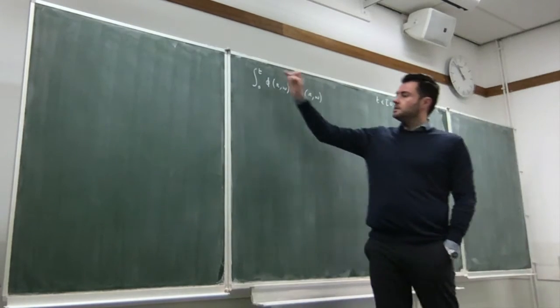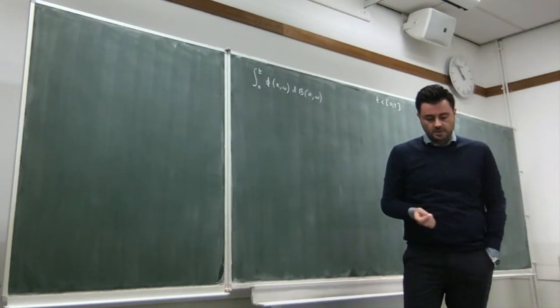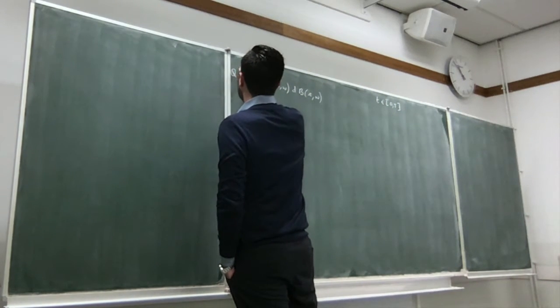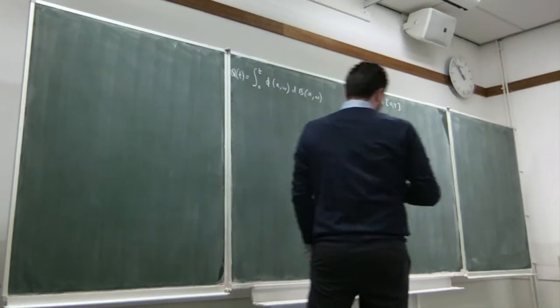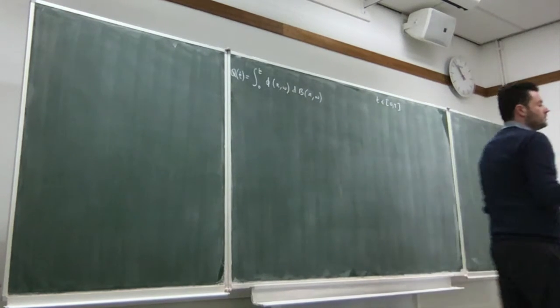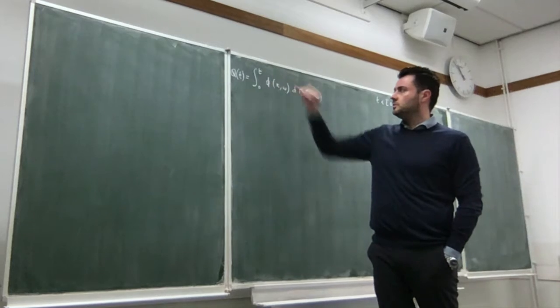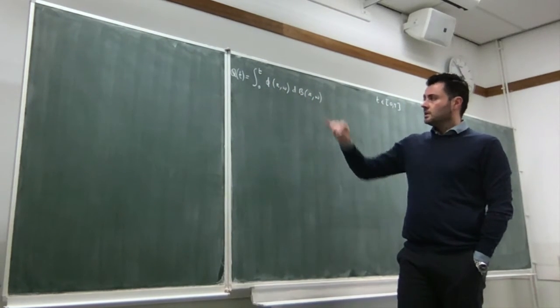If we consider this object, it is a martingale, so let's call it Q(t). So Q(t) is this Ito integral from 0 to time t.